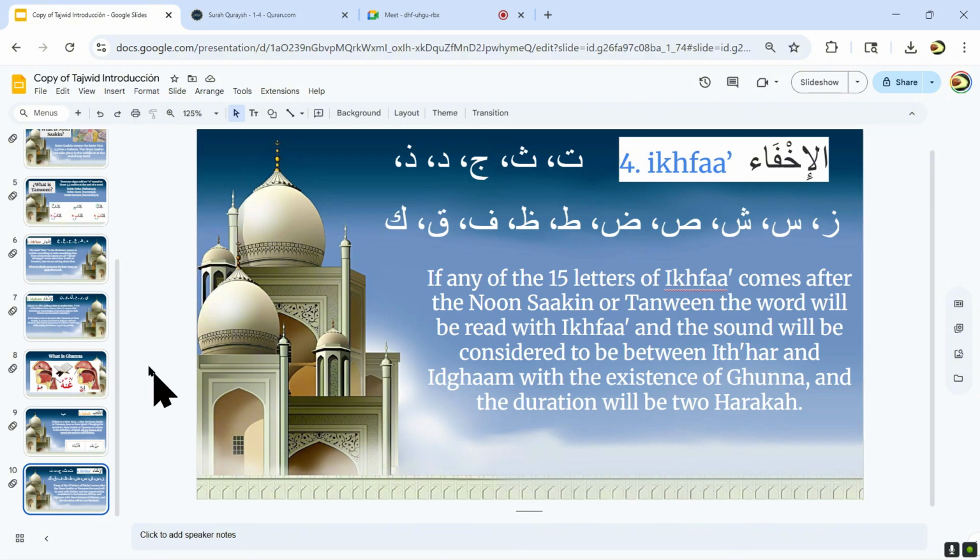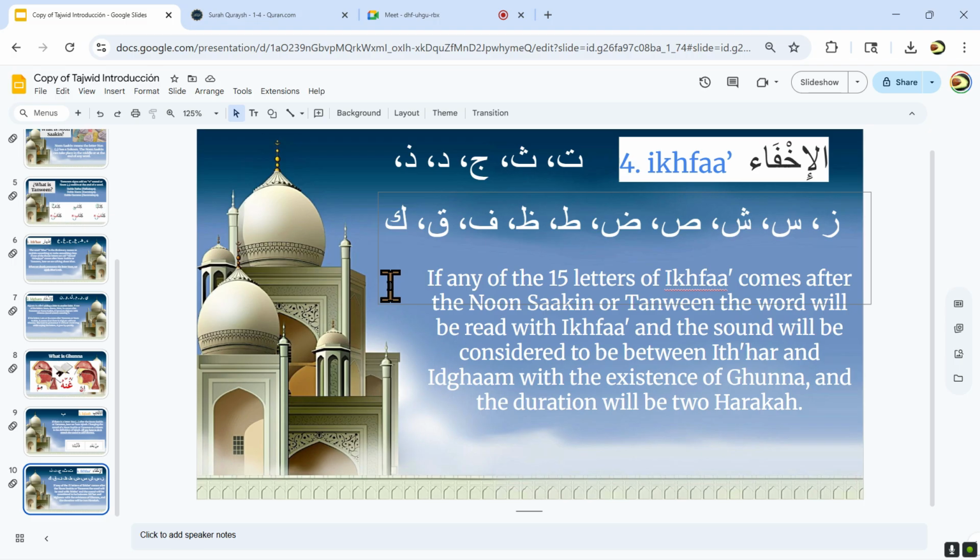So once you get the first 3 down by memory, you're just like, oh, the rest of the letters are Ikhfaa. And what we're going to do with Ikhfaa is that after we find a noon or a tanween, then instead of putting the noon, like you're saying min, your tongue touches the top palate and you say it nice and clearly. Min.